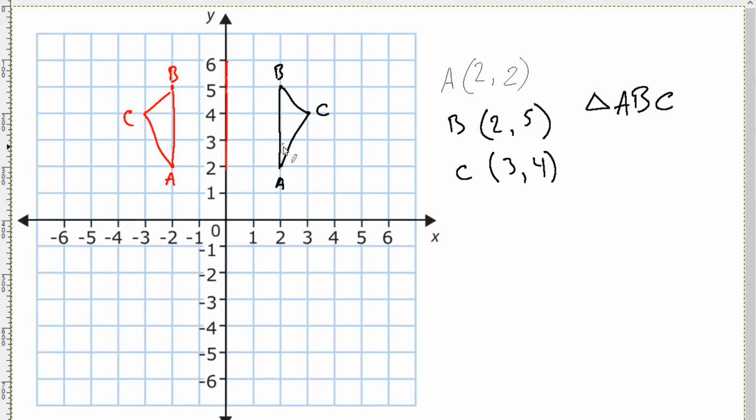If we decide to do a line of reflection over the x-axis here, we would do a similar process, but this time we're going to count from the x-axis. So A is 2 away from the x-axis. So now this is A. B is 5 away. C is 4 away.